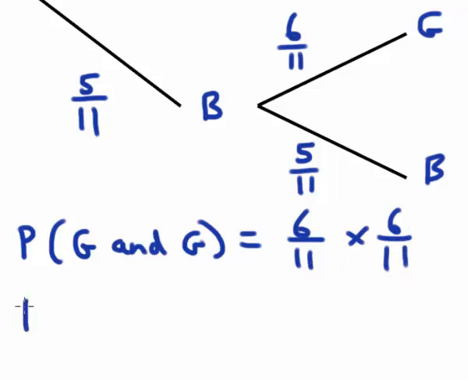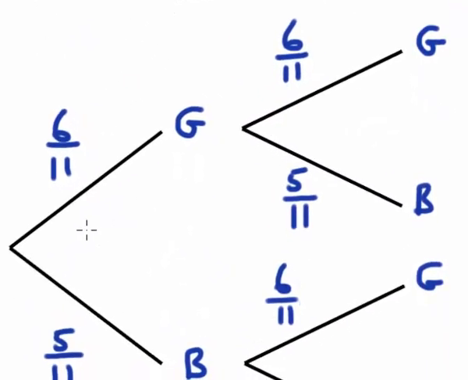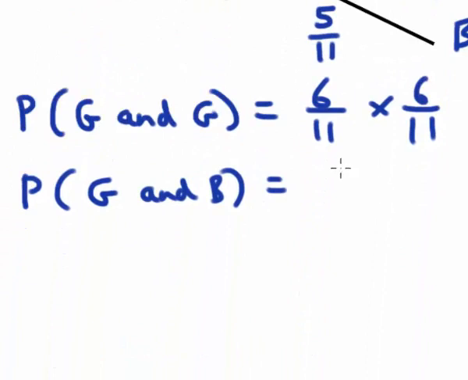Okay. What's the probability of getting a green followed by a blue? Okay, a green followed by a blue. So we go G to B. So that's 6/11 times 5/11. Okay, that's the probability of getting a green followed by a blue. There we go.